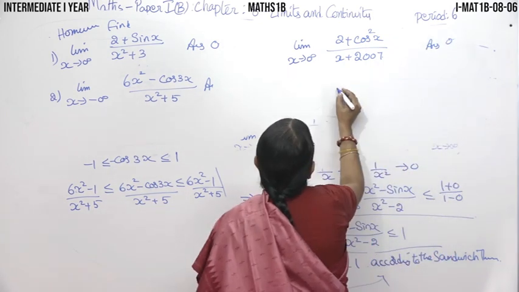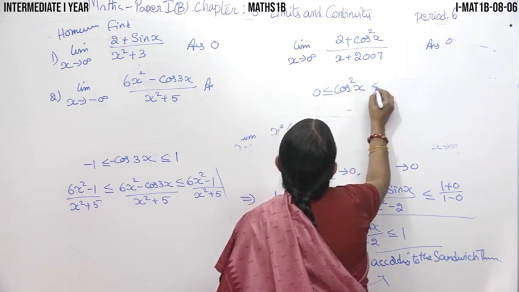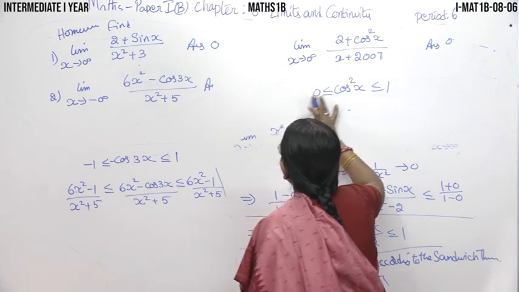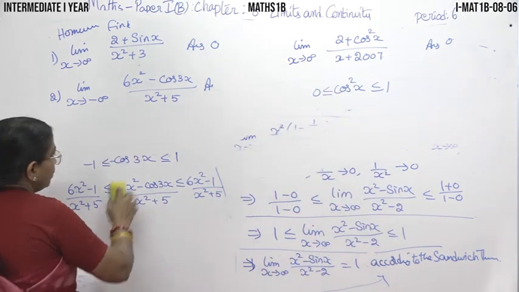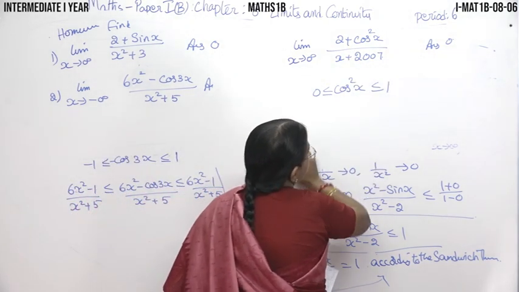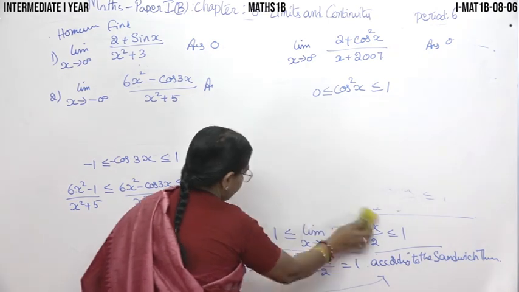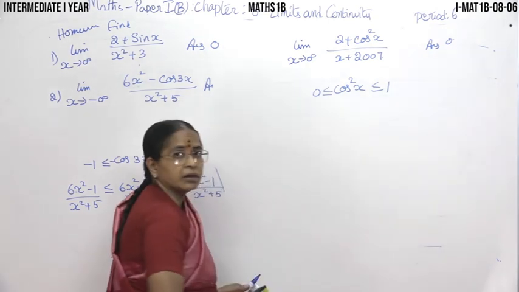So here you should start like this. Cos square x lies between 0 and 1. Because it is a square quantity, it is always positive. So it lies between 0 and 1. Like that you start, add 2 on both sides of the inequality, divide by x plus 2007 like that.